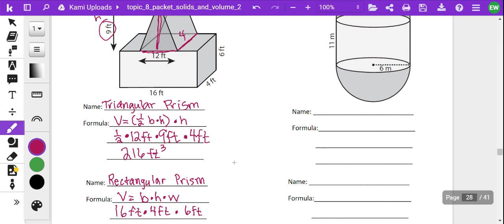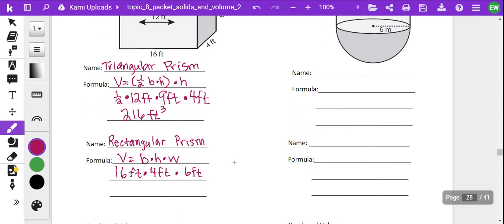Why don't we multiply that in our calculators together? 16 times 4 times 6 equals 384 feet cubed. Now I have two different volumes, 216 and 384.